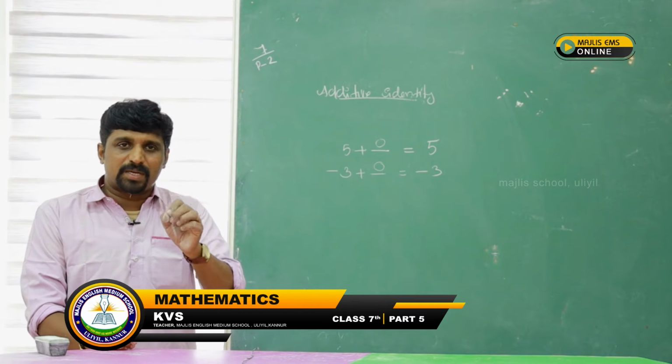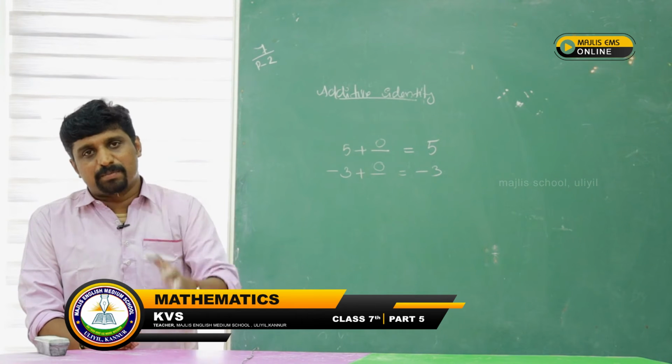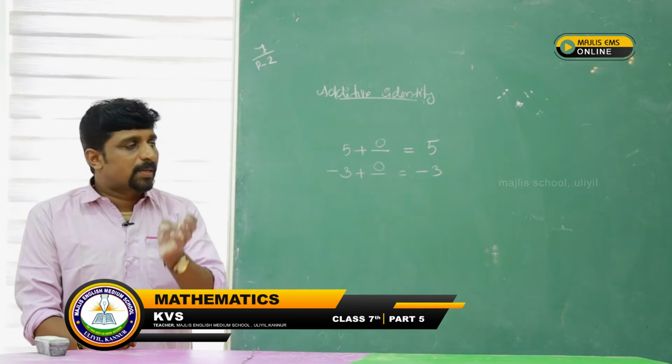In the case of addition, when a number is added to another number and we get the same number again, that is known as additive identity.